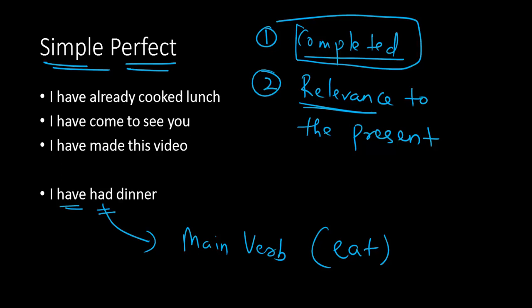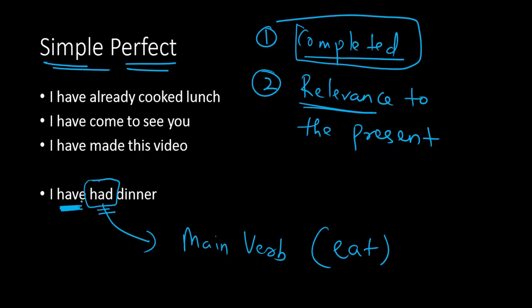So sometimes we use had instead of it to talk about eating. I just had my dinner, I just ate my dinner. Both are more or less the same, but we often use had or have to talk about the activity of eating, and hence we should not be confused by that.